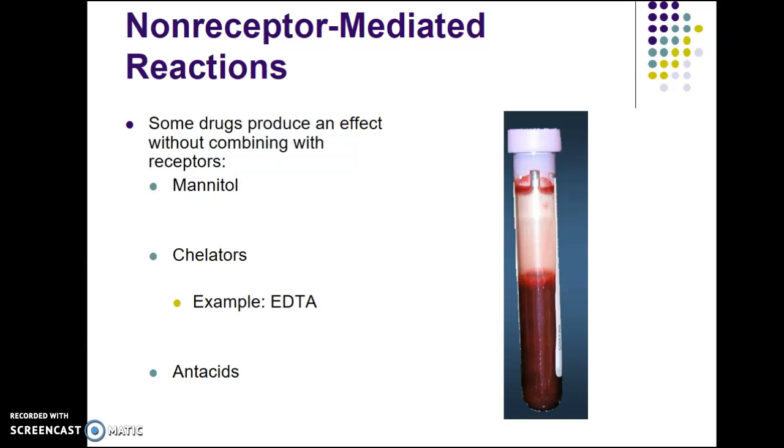When we give this drug, we typically give it IV, and it draws water out of different places. If we have a lot of swelling in some place, it will draw the water out of it. It is freely filtered in the kidneys, and so it ends up in the nephrons, and it keeps the water with it, and so the water leaves the body in the form of urine.